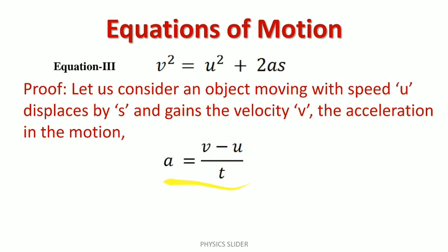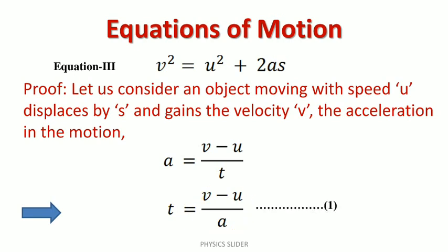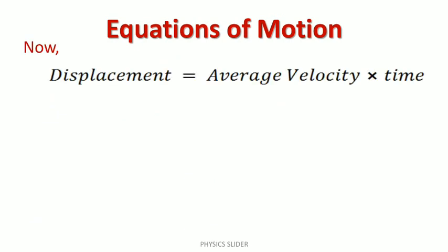Watch here, by cross multiplying, we can take this a over here and this t over there. So this becomes t is equal to v minus u upon a. Let's take this as equation 1. Now apply the formula: displacement is equal to average velocity into time.